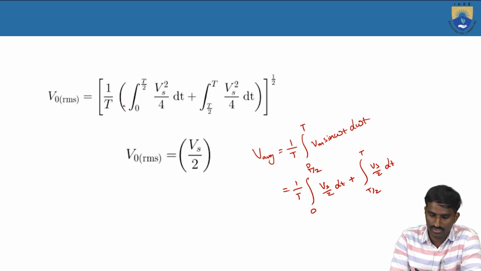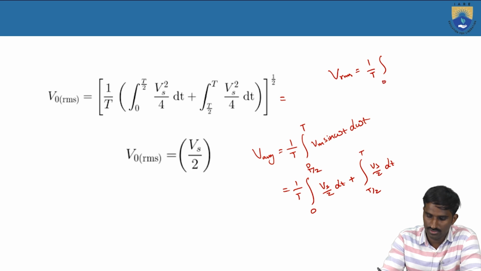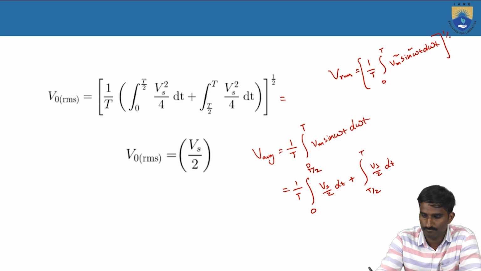And the RMS value, as already written, the standard equation is 1 by T into integral 0 to T Vm square sin square omega T d omega T, whole to the power of 1 by 2.